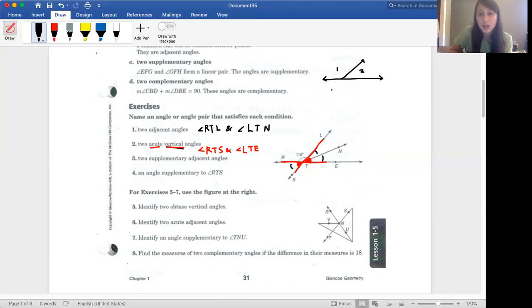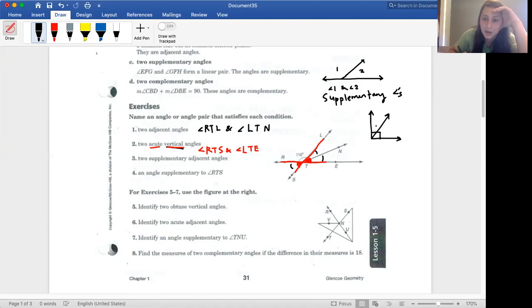So angle 1 and angle 2 are supplementary. Complementary angles are two angles that add up to become 90 degrees. So angle 1 and angle 2 here are complementary.